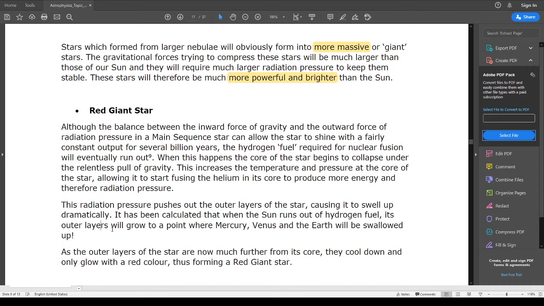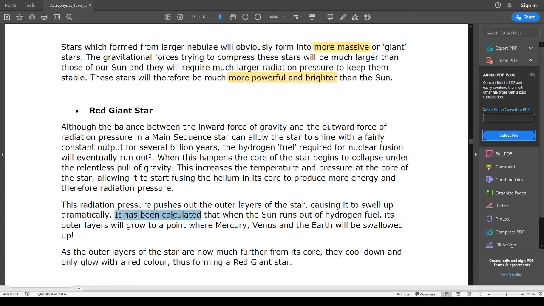But now all of a sudden, radiation pressure is dominant because of the fusion of helium, and the star starts to swell up, like a balloon blowing up. The star now swells up dramatically.